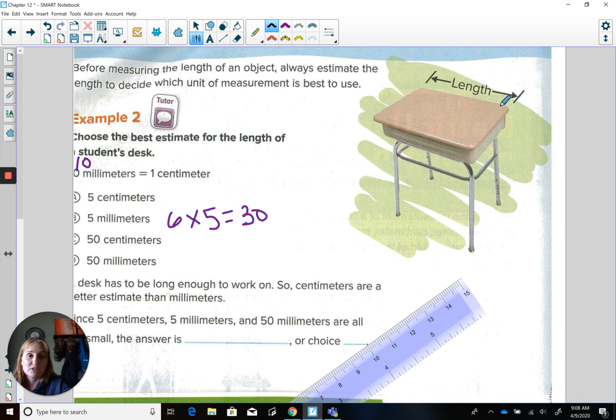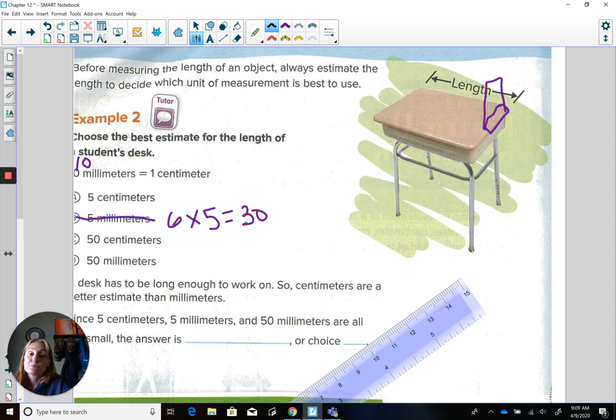I'm thinking if we did that, would it be the way across the top of our desk? Would that give us a good measurement? Not so much, huh? That is no way. There we go. So I'm going to cross that one off.